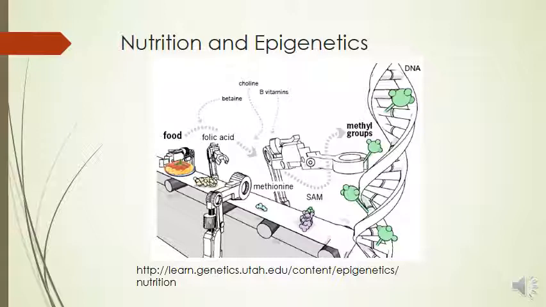I would like you to look at an exercise that was put out by the University of Utah involving nutrition and epigenetics. They have some nice pictures in there and some great films. So I want you to look at that, do the nutrition exercise, and then answer the discussion questions at the end, and then you will respond to your classmates.